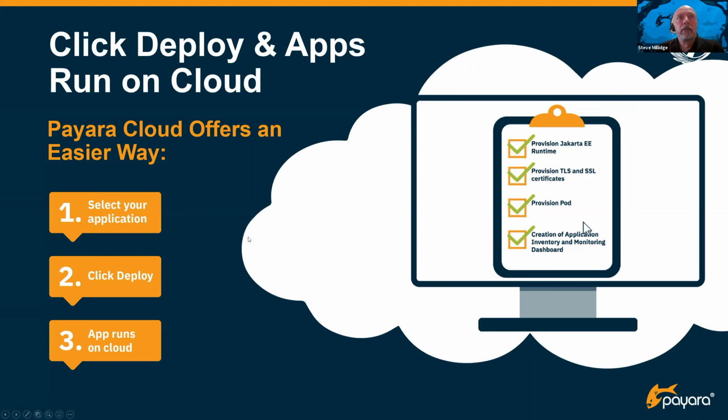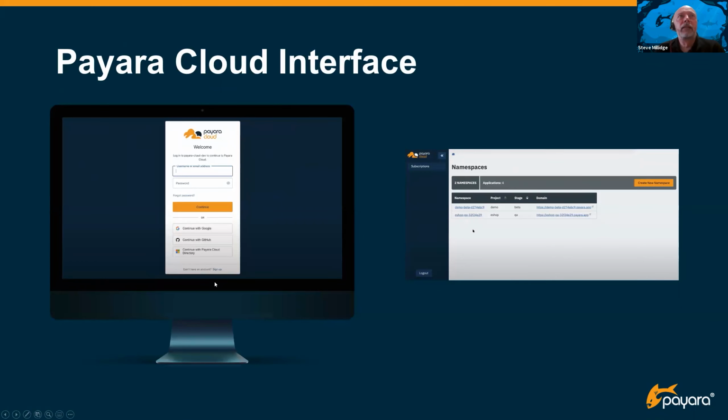upload and deploy, and then your application runs on the cloud. And this is how we're building Payara Cloud effectively, again, to show that separation of application from compute and application services and application managed runtime is a great benefit of Java EE. So for Payara Cloud, we'll log in. You have a set of namespaces, which are effectively like a grouping, so that if you had microservices that were all together in a single application, you could create them in a single namespace and they'd be able to talk to each other.